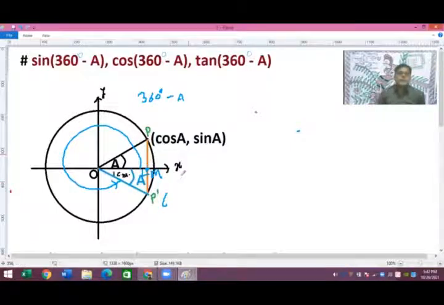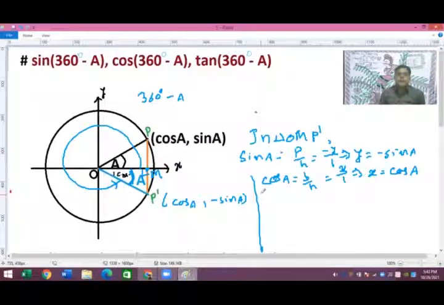So here in triangle O, M and P dashed, this sort of thing is already known. Here you can find it is sine a, meaning we are talking of this angle a.